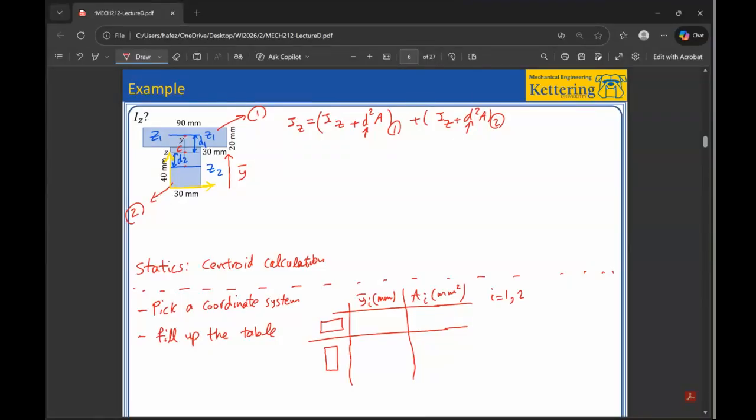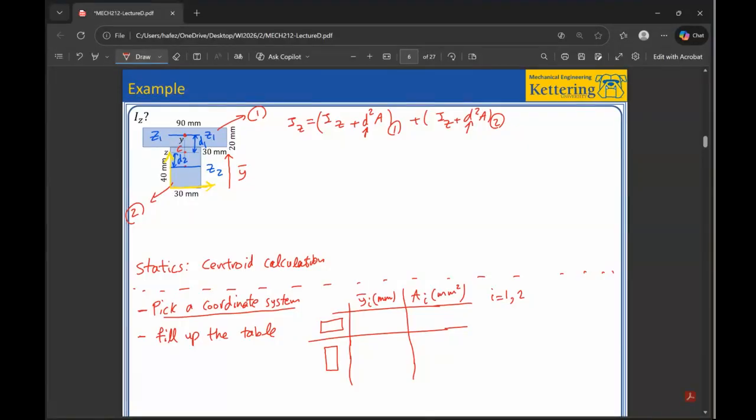With respect to the yellow coordinate system, right? You're almost there. Look at the upper piece. The centroid is somewhere in here, right? 50, Jacob. Yes, Jacob is correct.